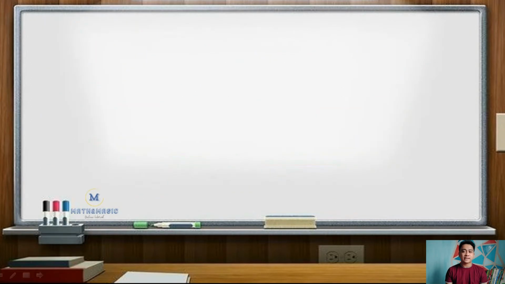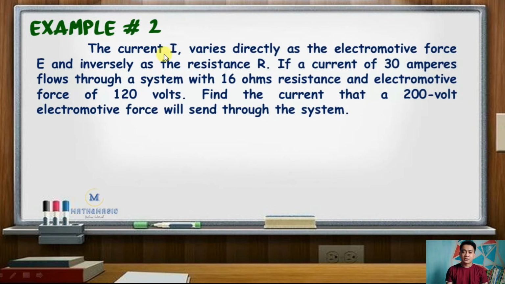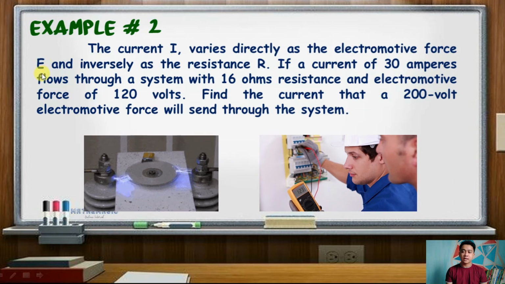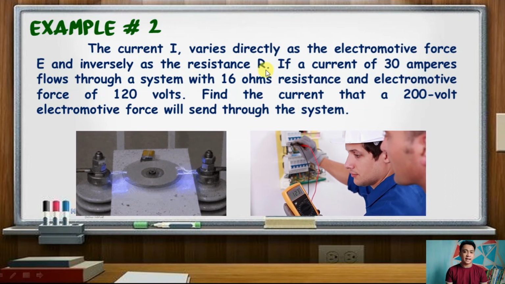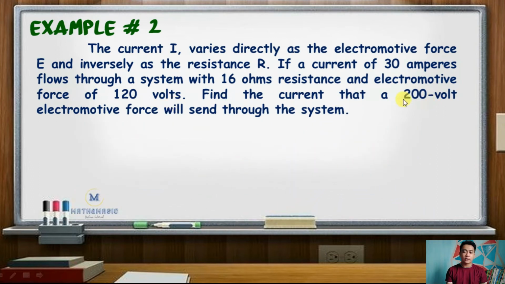For our second example, the current denoted by variable I varies directly as the electromotive force variable E and inversely as the resistance variable R. If a current of 30 amperes flows through a system with 16 ohms resistance and an electromotive force of 120 volts, find the current that a 200 volt electromotive force will send through the same system.